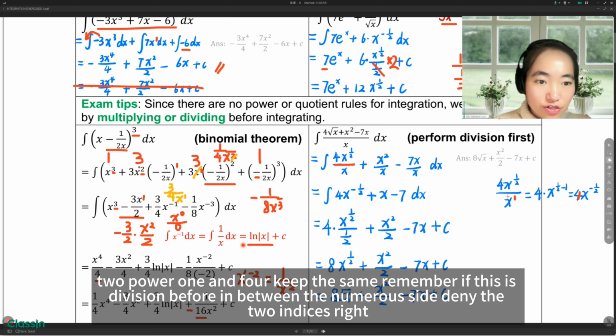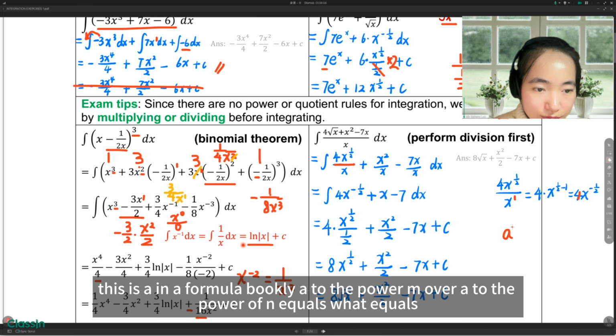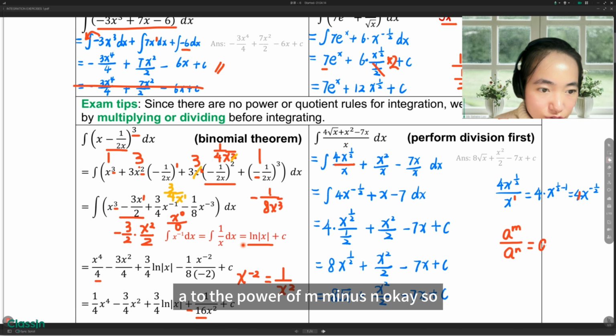Remember, if this is division, in between the numerator and denominator, two indices, right? Exponent. Look at that. For example, in our formula booklet, a to the power m over a to the power of n equals a to the power of m minus n.